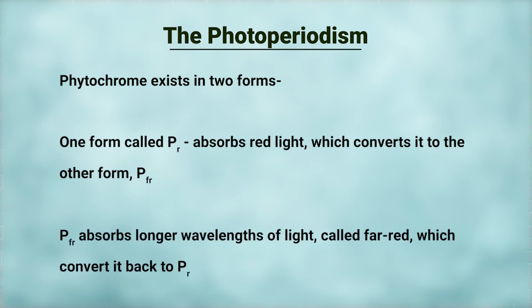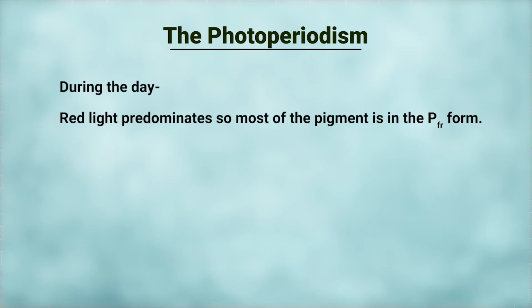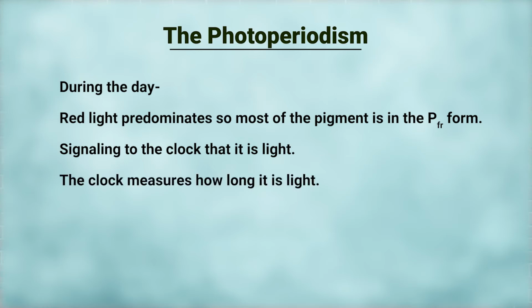And PFR absorbs longer wavelengths of light called far red, which converts it back to PR. During the day, red light predominates, so most of the pigment is in the PFR form, signaling to the clock that it is light. The clock measures how long it is light.